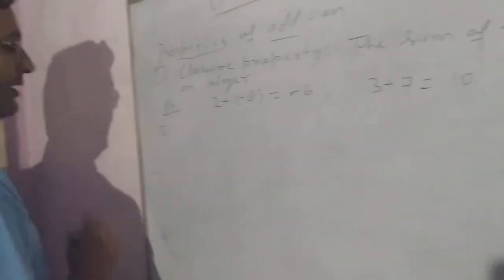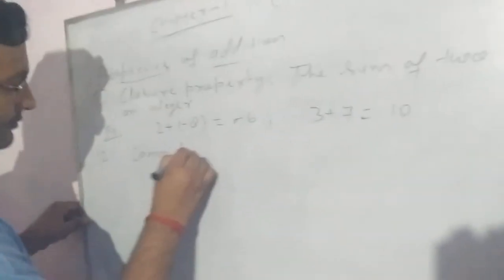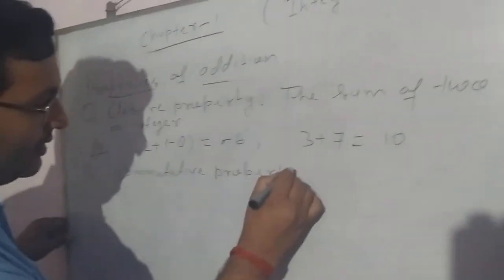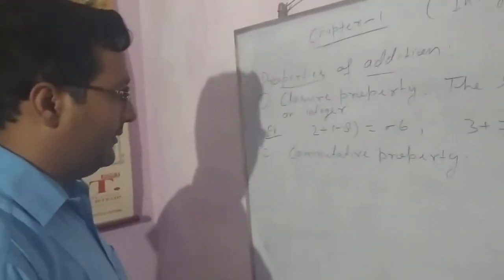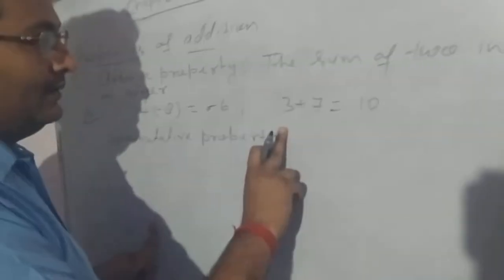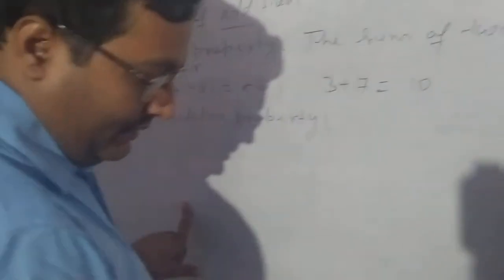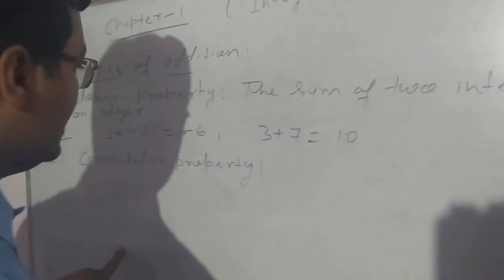Now second, commutative property. Commutative property. This is for the addition. Then we will discuss subtraction, division and multiplication one by one. So, commutative property of addition.